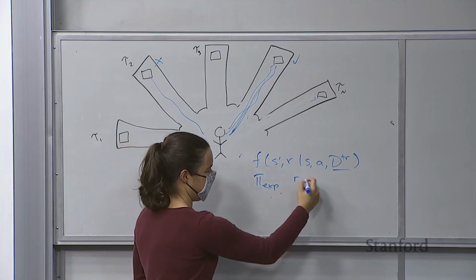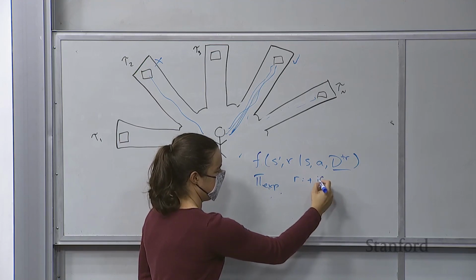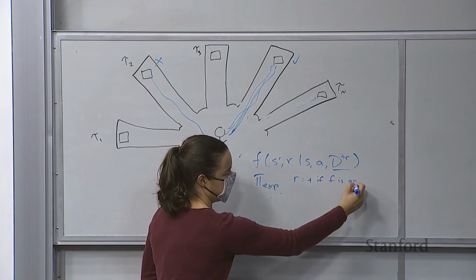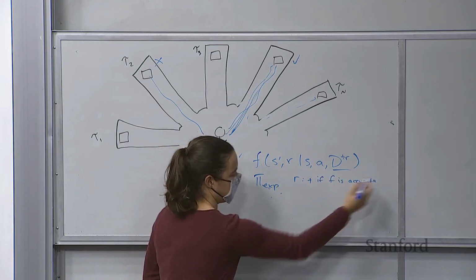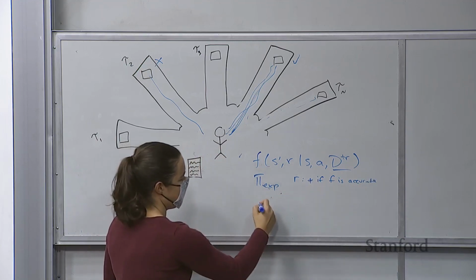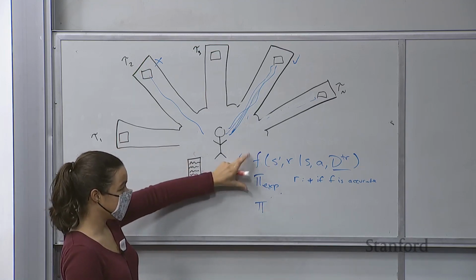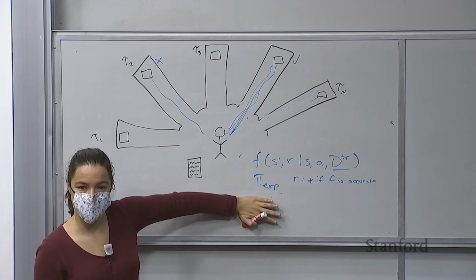So it's good if f is able to accurately predict the dynamics and the reward. It also gets negative reward if it's inaccurate. And this can be done completely separately from actually solving the tasks.